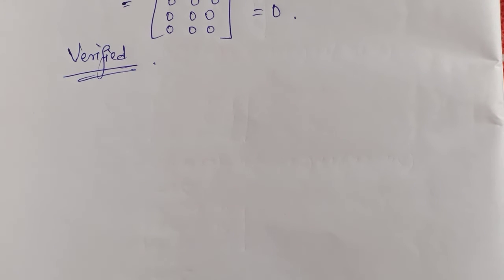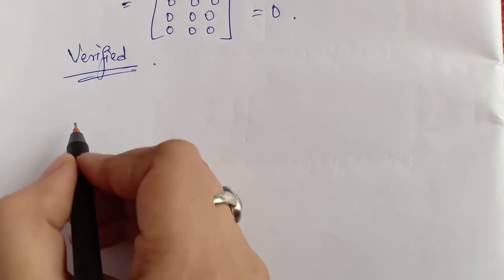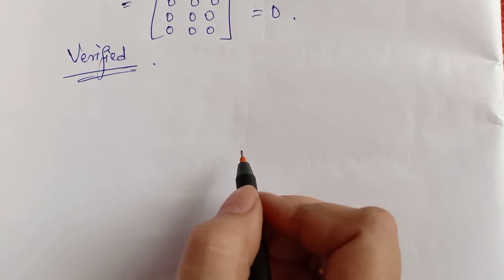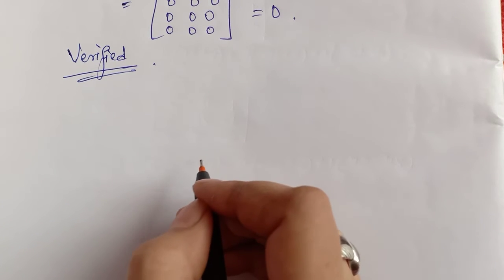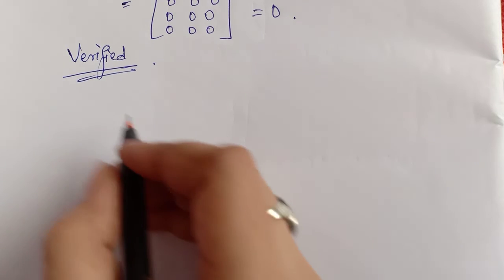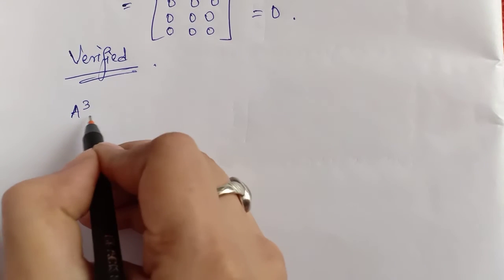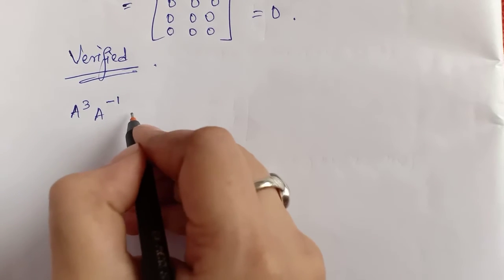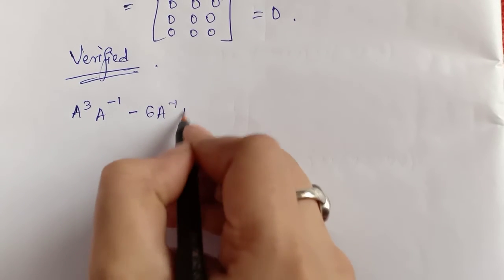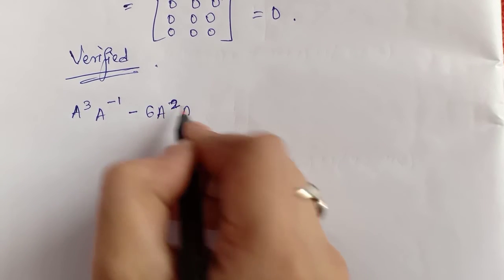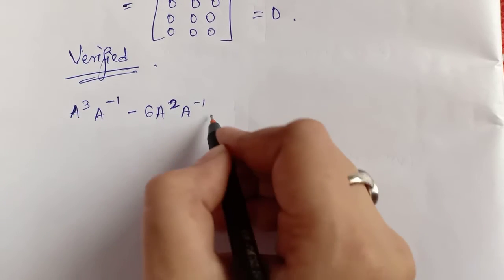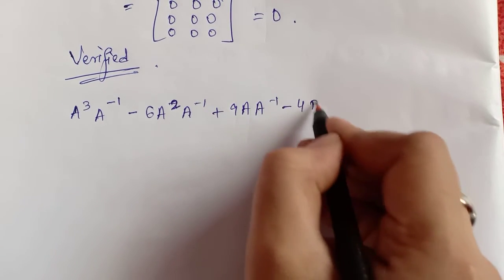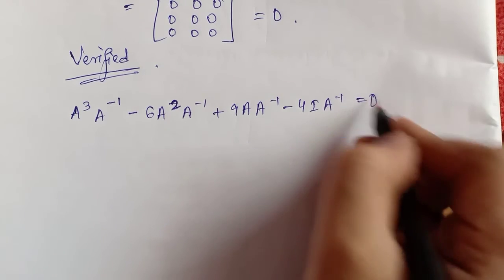Now we have to find A inverse. For A inverse, we need to multiply A inverse on both sides of equation number 1. So we are going to get A cube A inverse minus 6A square A inverse plus 9A A inverse minus 4I A inverse equals 0.